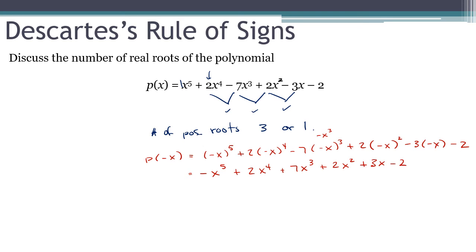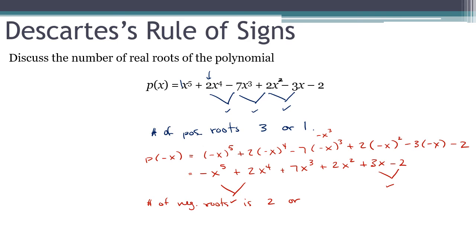Now I count sign changes again. The sign changed here from negative 1 to 2, and then it stayed positive from then on, until we get to the very end where it changes from positive 3 to negative 2. So there are two sign changes here. So Descartes' rule tells me that the number of negative roots is 2, and I do the same thing with the minuses.